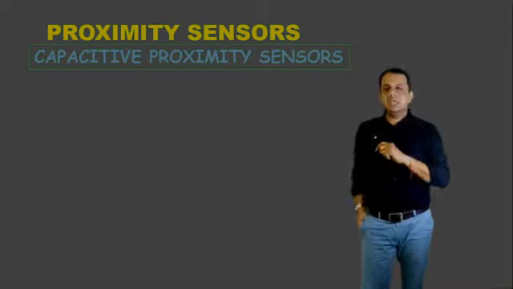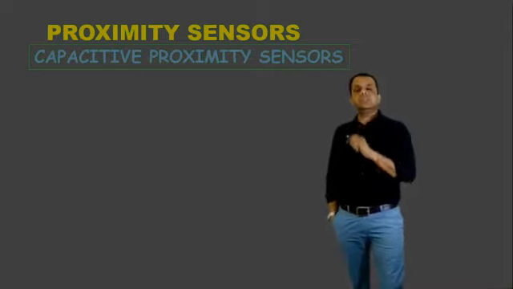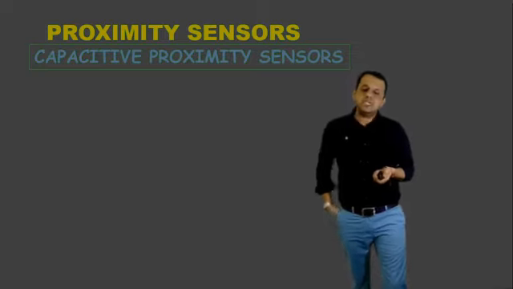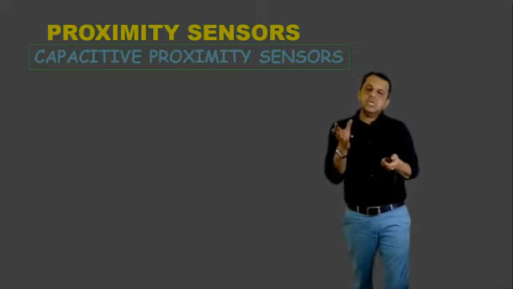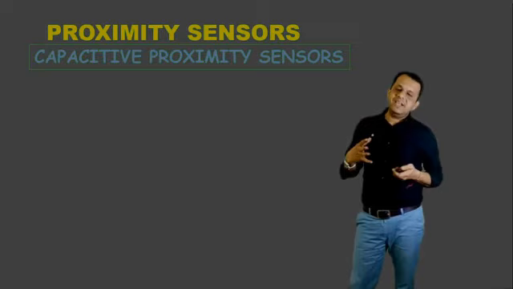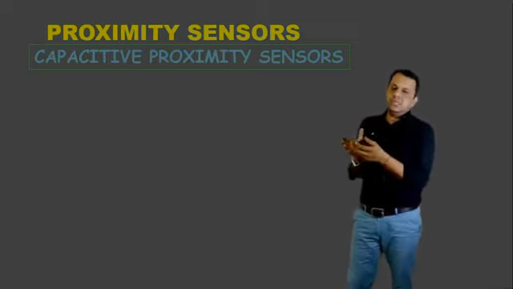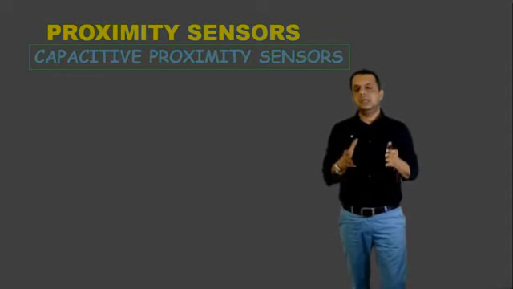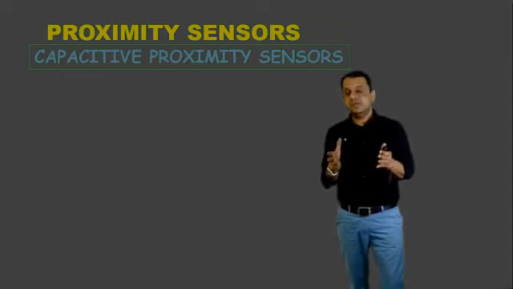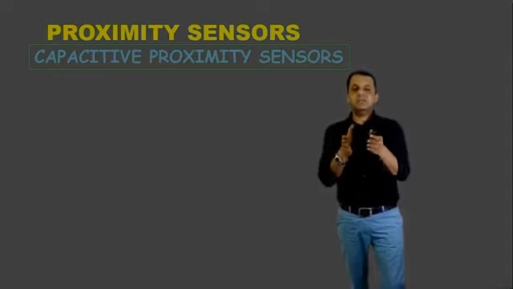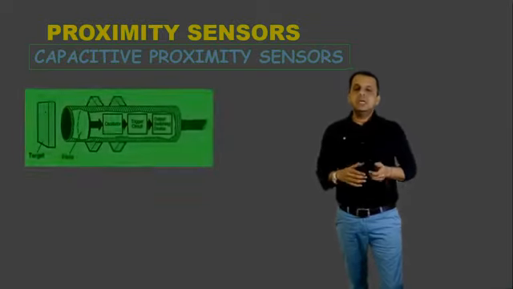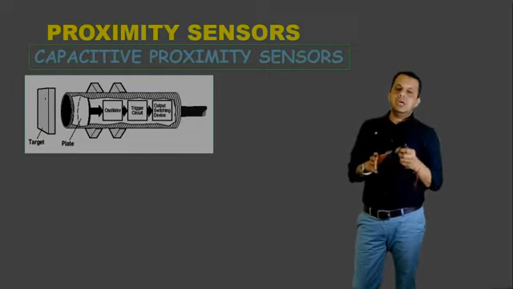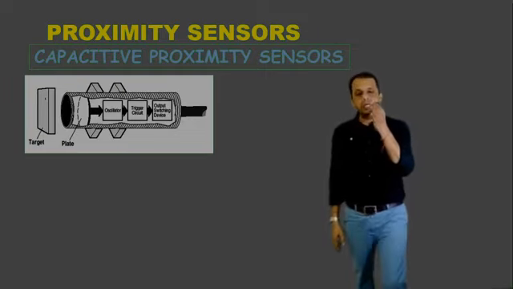First will be capacitive proximity sensors. We know the fundamental of a capacitor: C equals epsilon 0 epsilon R A by D, where epsilon is the permittivity of the medium, A is the cross section area of the plate face, and D is the distance between the two plates. Here we will be looking at the distance between the face of the sensor and the target.